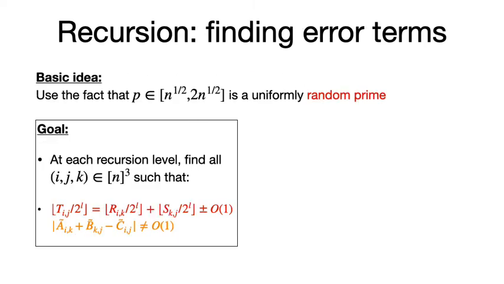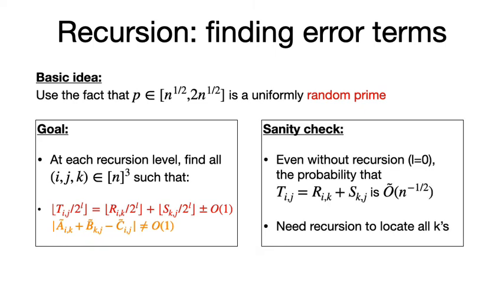Now, let's elaborate more on the implementation details. Recall that our goal is to maintain all triples that satisfy this red equality and this yellow inequality. As a sanity check, note that if we don't do any recursion, then when P is a prime, the probability that the equality holds is 1 over n squared.